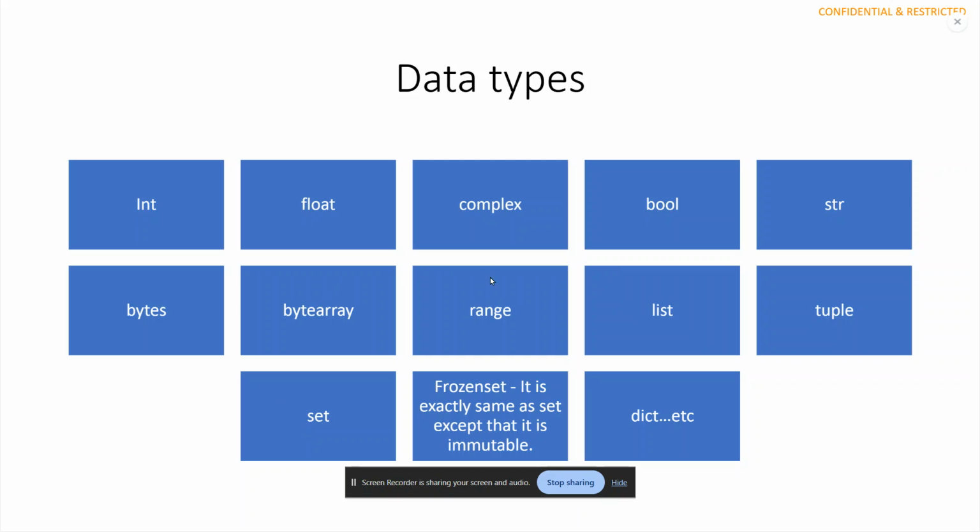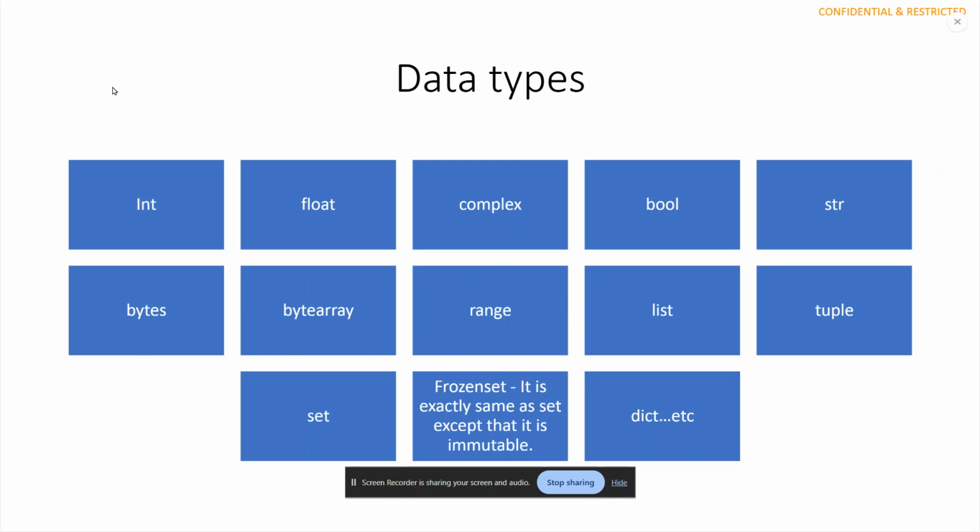You will end up using these data types in many cases. Of course, the int, float, complex, boolean, string, byte, all these things you will anyway know from other languages. The list, tuple, set are also there in other languages, I would not say no, but how effectively they are there in Python and how you can use them for your benefit, we'll see those examples.